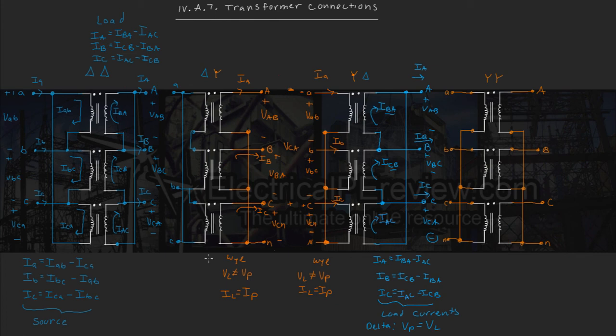And since we know all of our source and load currents, because we did them here for a load Y and a source Y, I'm going to do a little bit better job at showing the voltages. So right here would be plus, we're going to do it in red this time so it stands out.